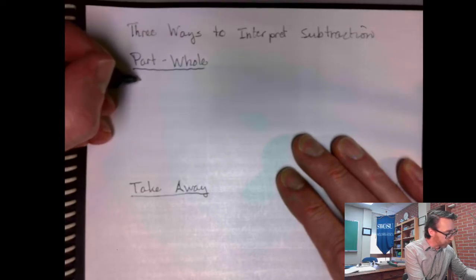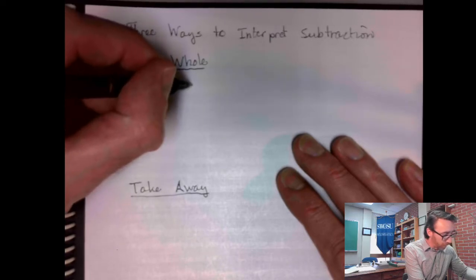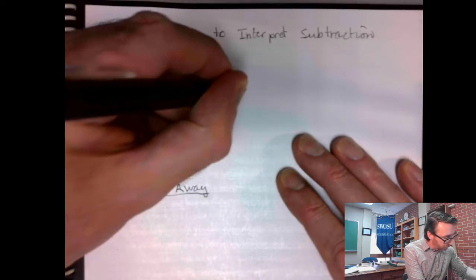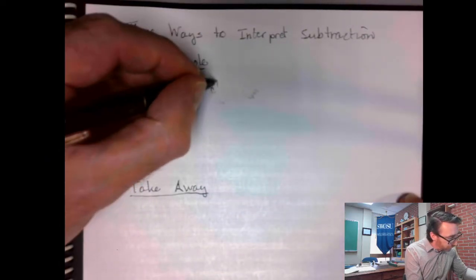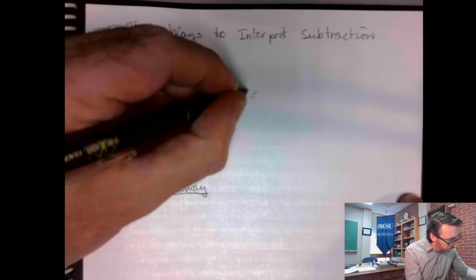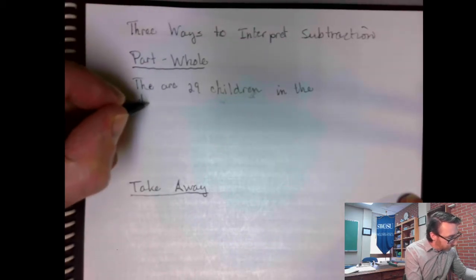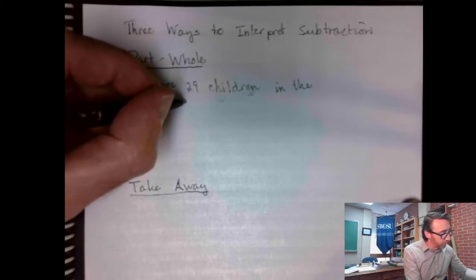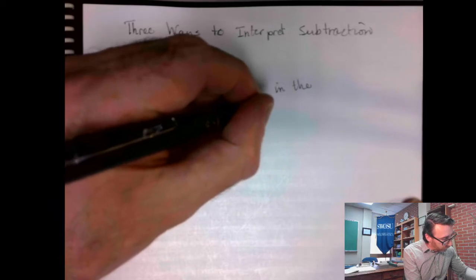For example, let's say there are 29 children in the class, and there are 11 boys.